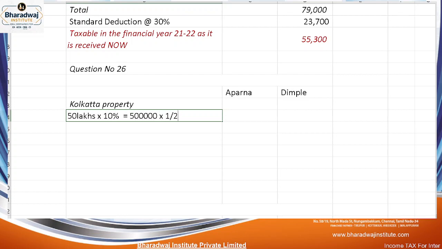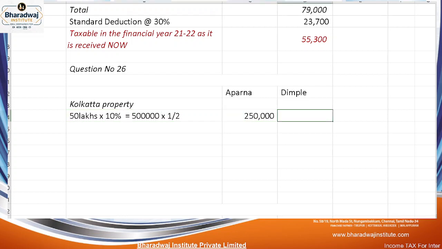Each owner is given a benefit of 2,50,000, for Aparna and for Dimple, but the maximum deduction is limited.